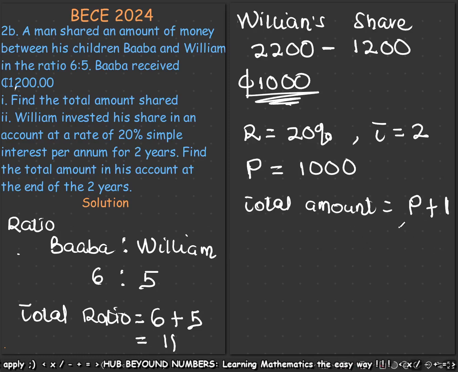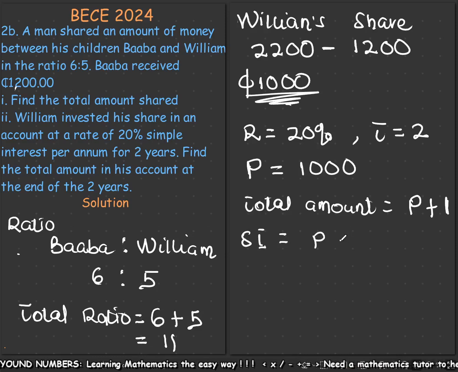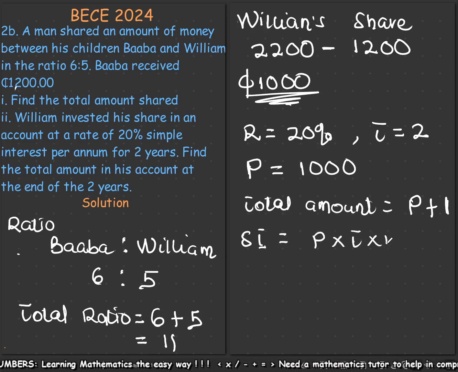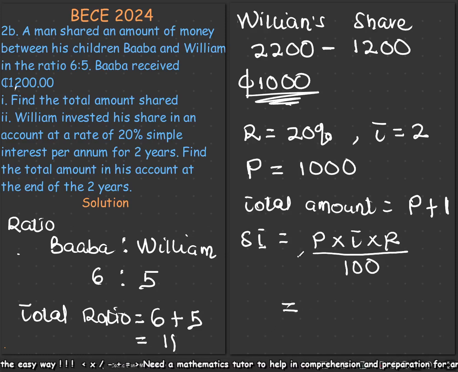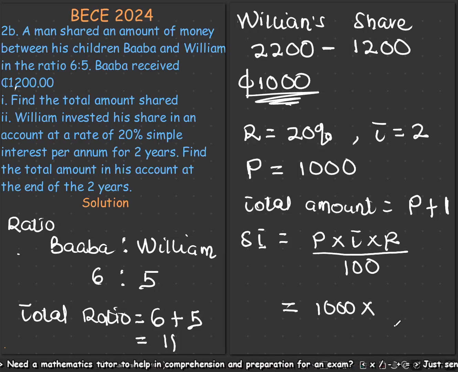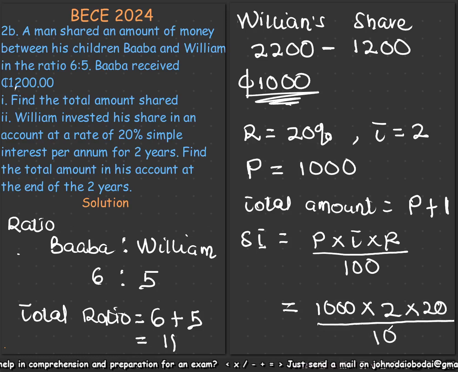Hence, we will need to solve for the interest. Now we know the interest formula. Simple interest is principal times time times rate all over 100. So let's quickly do some substitution here and solve. Principal being 1000 times a time of 2, then times a rate of 20 all over 100.